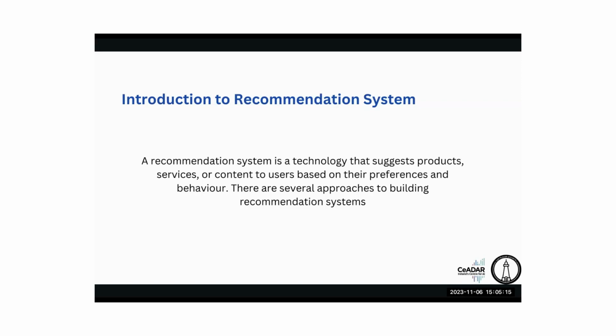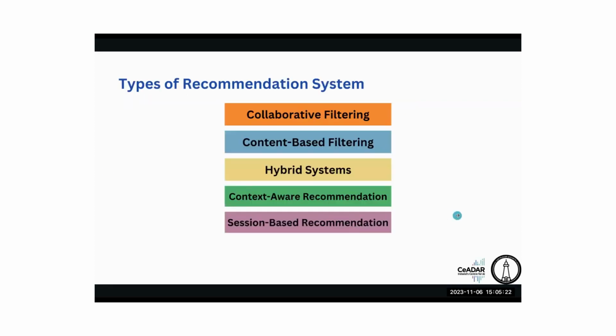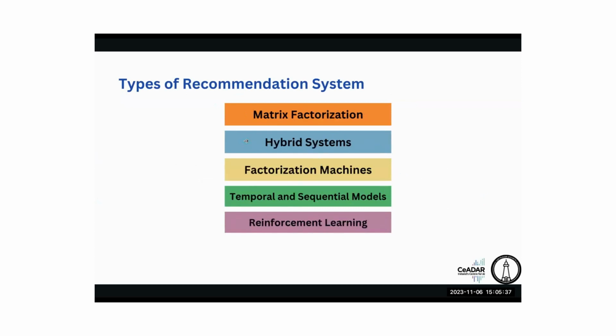There are several types available: collaborative filtering, content-based filtering, hybrid filtering, context-aware recommendation systems, session-based recommendation systems, matrix factorization, factorization machines, temporal and sequential models, and finally reinforcement learning models.